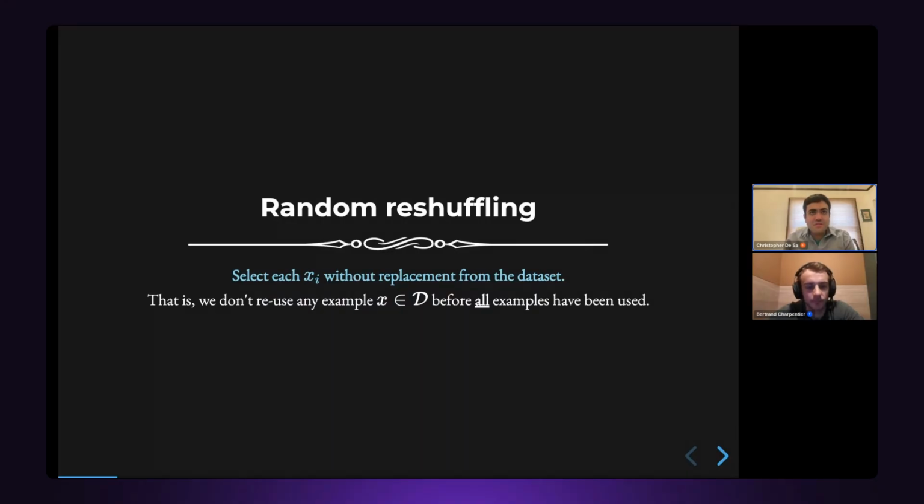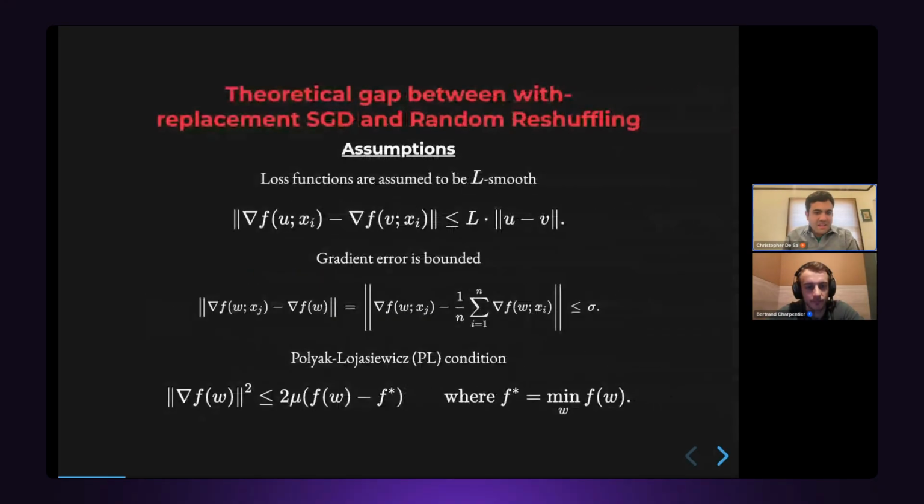So you use every example once before using any example twice. And in this context, there's a nice theoretical gap in addition to long-standing empirical observations that these shuffling-based orders are better ways of selecting data.